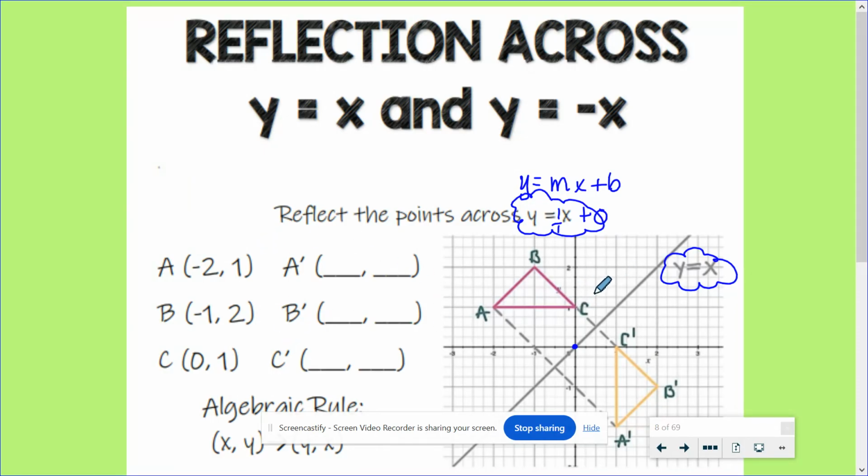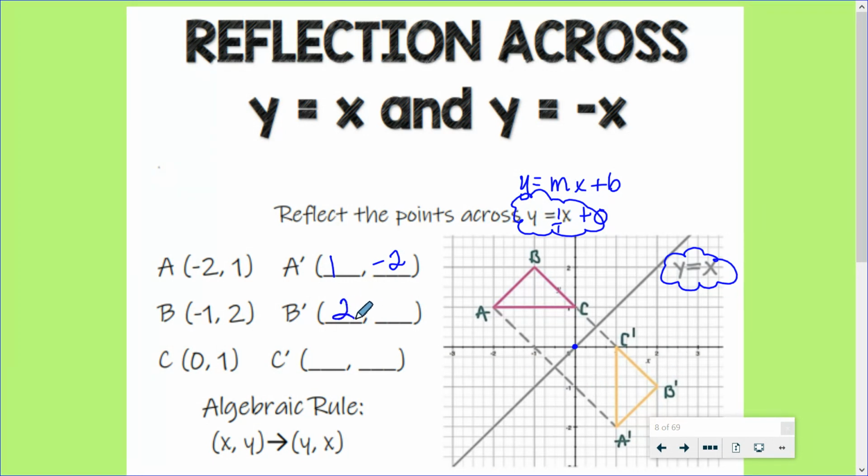And now let's look at what happened when it gets reflected over this line here. So A, the preimage A, becomes A prime at this ordered pair here, which is 1, negative 2. And B prime becomes 2, negative 1.